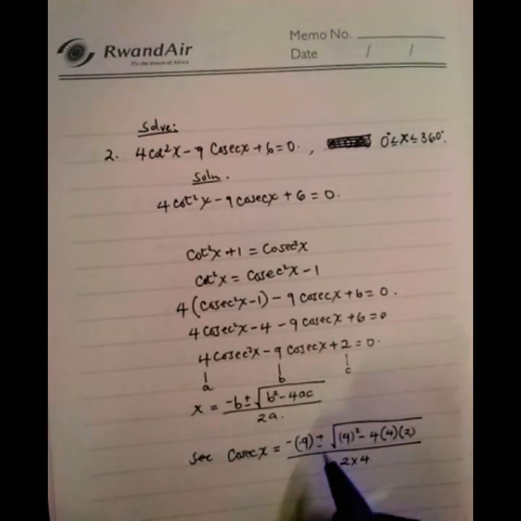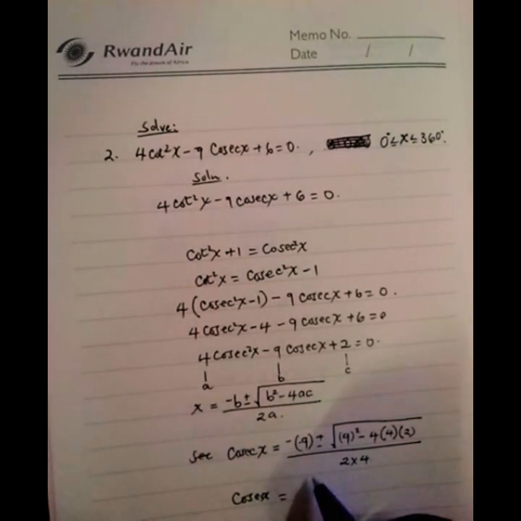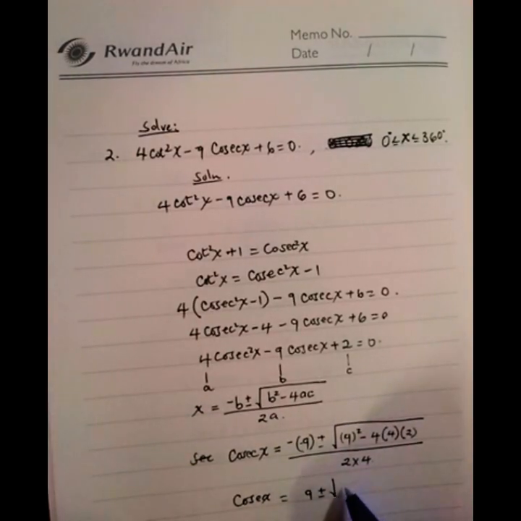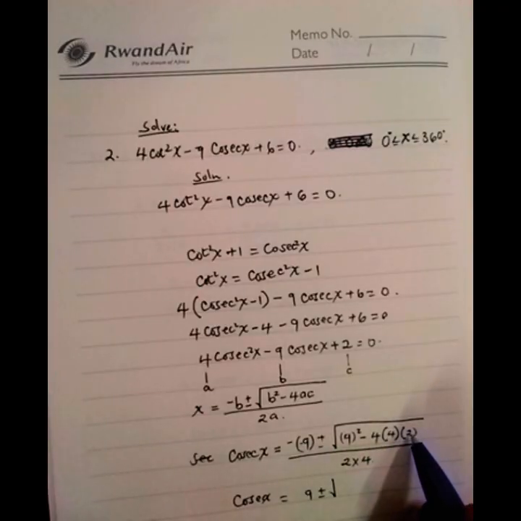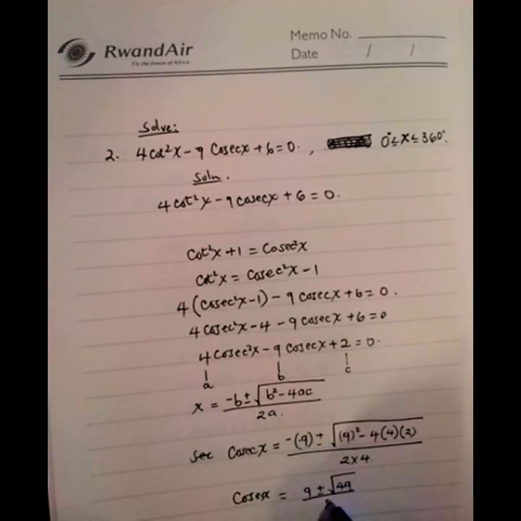So in this case, we shall have cosec x equal to 9 plus or minus the root of, this is 81, so this is 16 times 2 that is 32, so 81 minus 32 is 49, over 8.